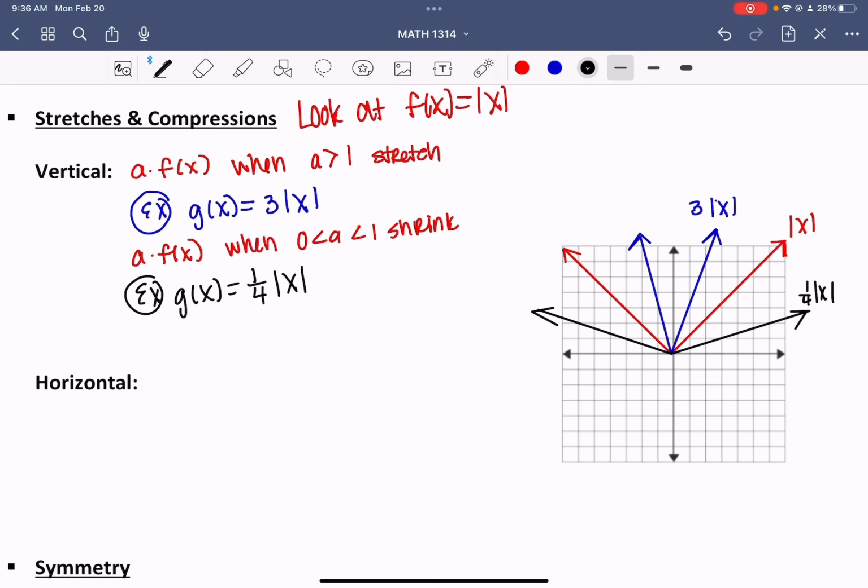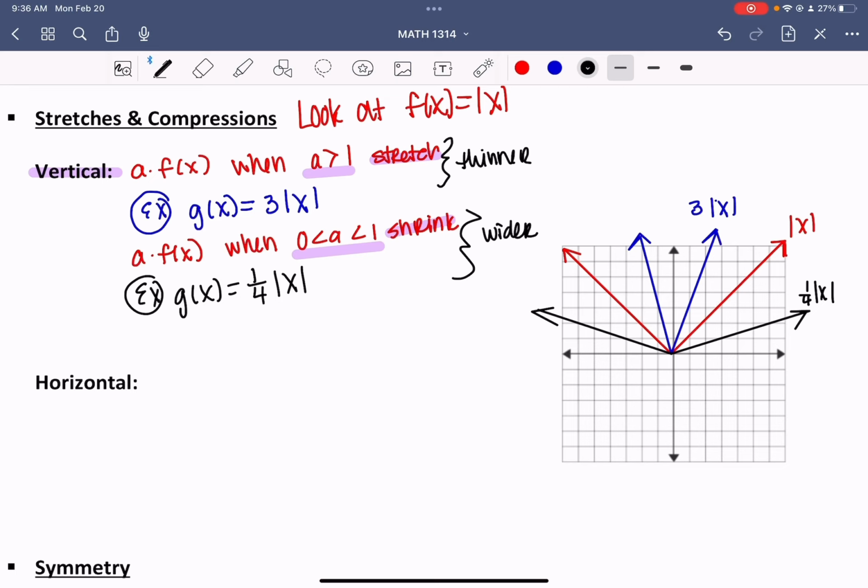So what's happening is this is making it thinner, and this is making our function wider. But again, note-wise, here's what you're going to have to know. Vertical stretch is when you have that a greater than 1, and vertical shrink is happening when you have the a between 0 and 1. Notes-wise, you really are going to have to use that for your homework. Exam-wise, I'm not going to make you know that very specific detail.